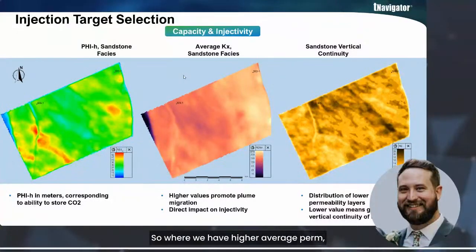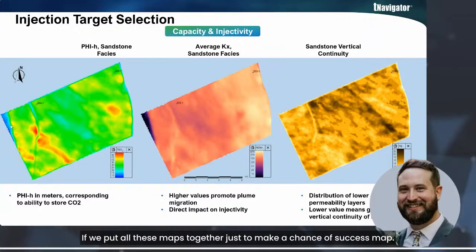So where we have higher average perm, we're going to expect higher injectivity. And if we look at a layer count of low permeability layers, where there's a lower count of layers, we have greater vertical continuity of sandstones. So that's going to be a better target for injection as well.